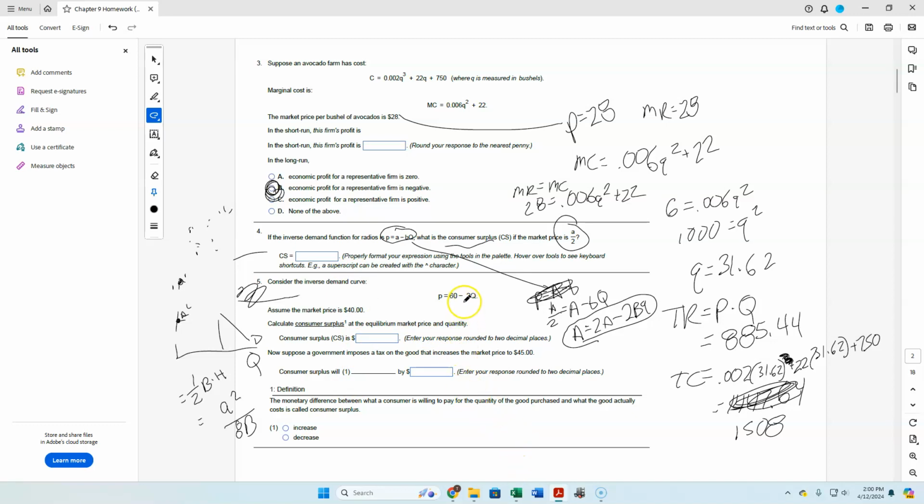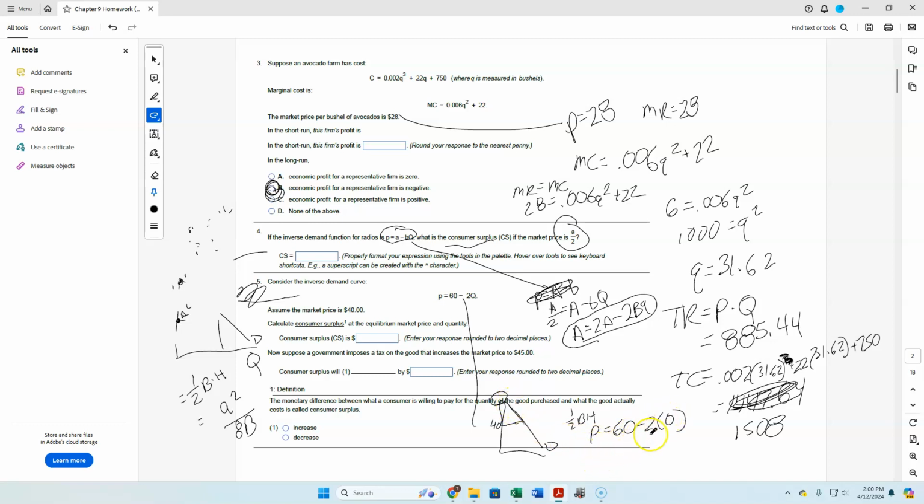Let's make this a little bit less theoretical. So we've got an inverse demand function right here. We've got a market price of 40. And we now need to solve this area right here, which would be 1/2 base times height. So P equals 60 minus 2 times 0, because we need to find this price right here, the y-intercept.